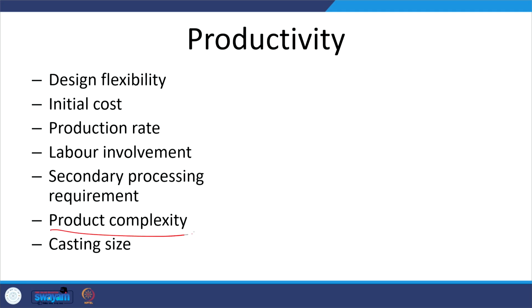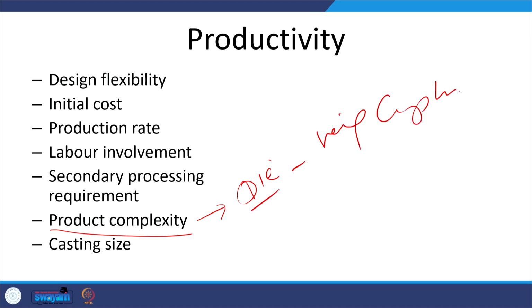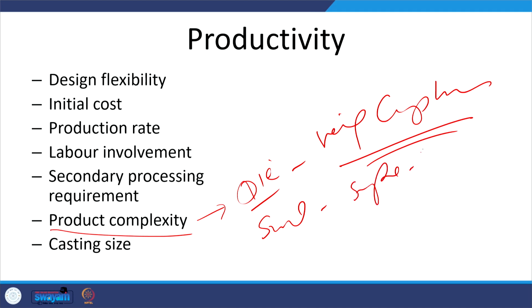As far as product complexity is concerned, die casting can be used for making very complex shape products compared to sand mold casting. Sand mold casting can be used for simple to complex shapes, but if it is very complex, then die casting is not used.